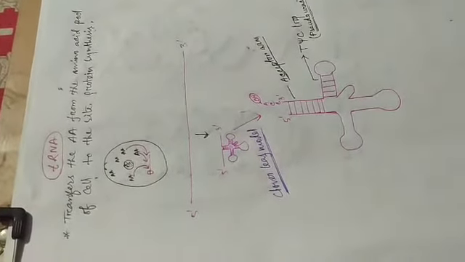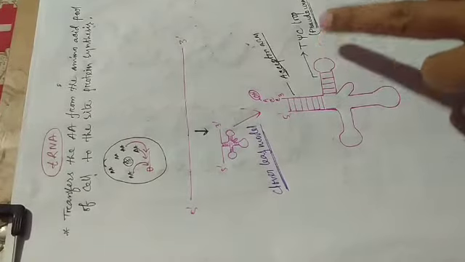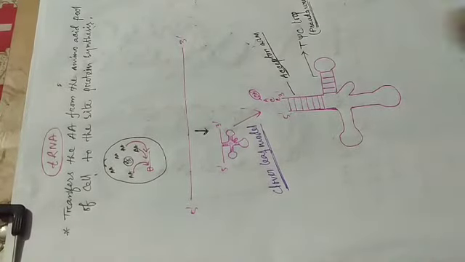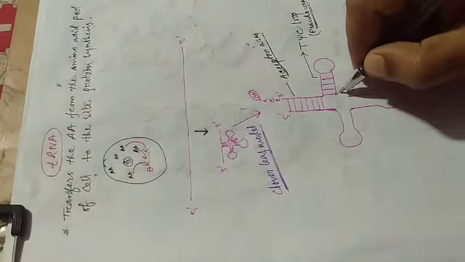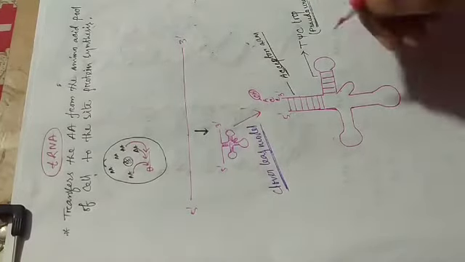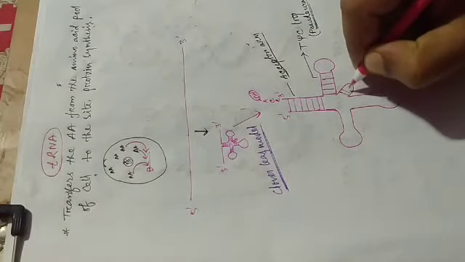For that, this loop is called the T-psi loop. Then a variable arm is present in tRNA.